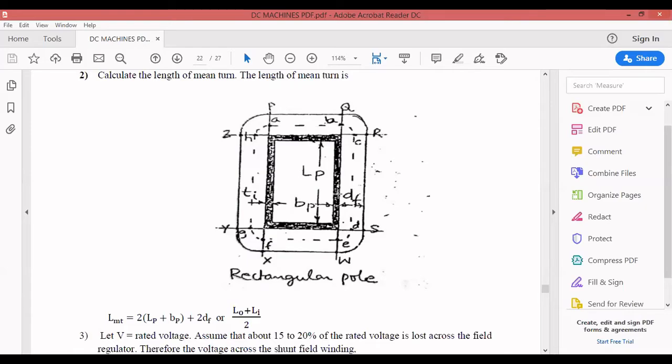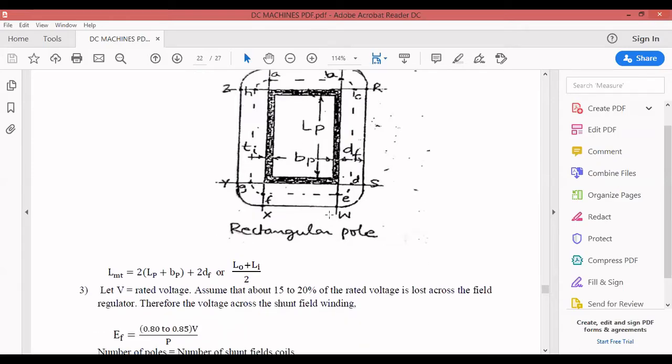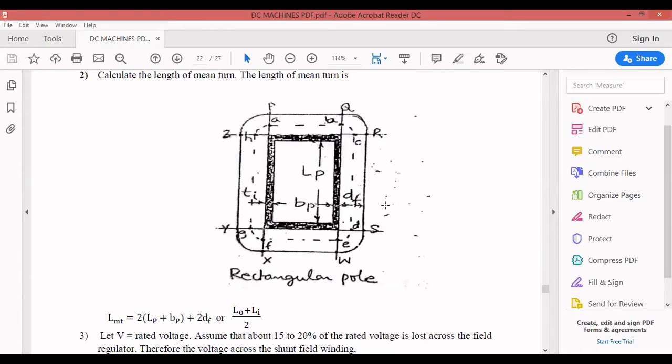What I've shown in dark here is the insulation. After this insulation you get Li, the length of mean turn of the inner turn of your field winding, and Lo is the outer turn of your field winding. You have to take the in-between value, which is what I've shown in the dotted line.